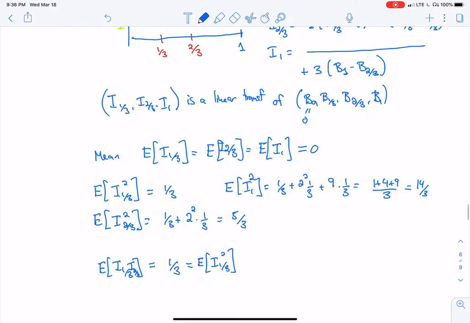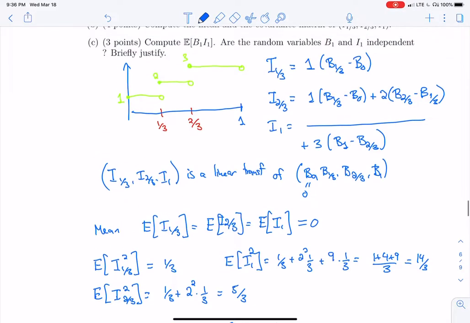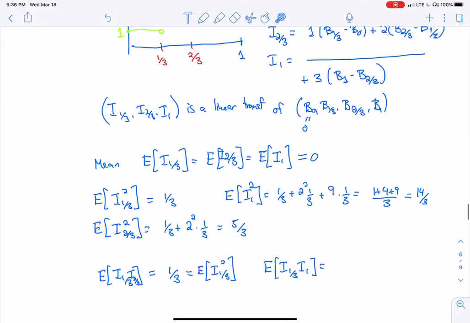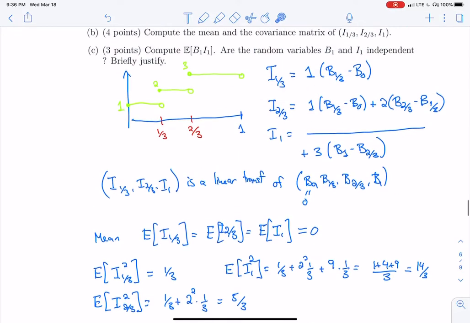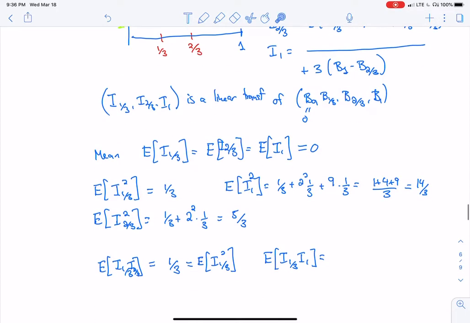Okay. And last one is I 1/3, I1. Again, use the fact that the increments are independent. So I think 1/3 again, this is independent of this and that, so I get just 1/3 again. And I forgot this last one, I 2/3, I1.